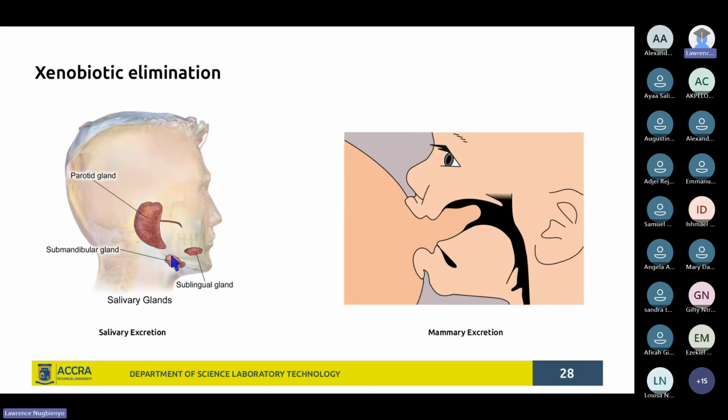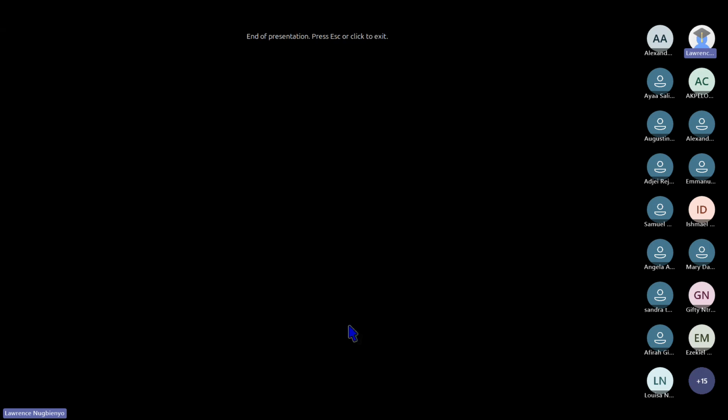And then mammary glands, and this is important in clinical trials where substances are being tested in lactating mothers, to see whether the substance gets excreted in the mammary glands, which can have an effect on breastfeeding babies. So these are the major routes of excretion of the substance.